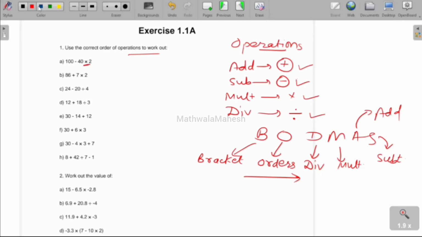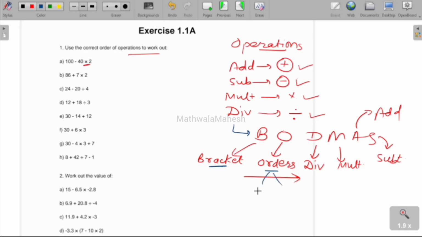What is the BODMAS rule? In the BODMAS rule, we go from left to right, and whichever operation comes first, we solve that operation. So from left to right, first is B, which is bracket. After that, orders.